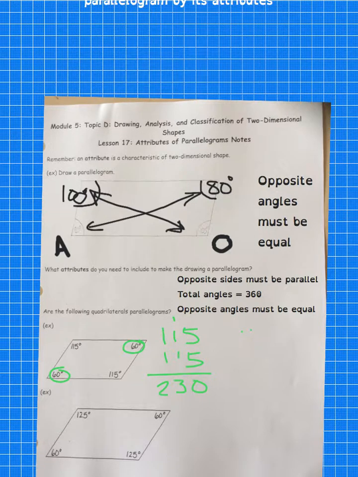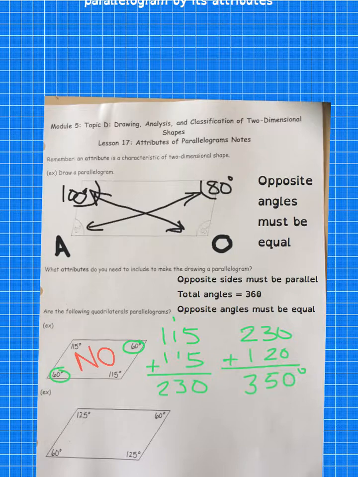So I'm just going to add 230 plus 120. Zero, 5, 3. Ooh, what was it supposed to be? 360, and we only have 350 degrees. So this cannot be a parallelogram. All right, so we would say no. And I'm going to write that in red. Even though it looks like a parallelogram, it is not a parallelogram.